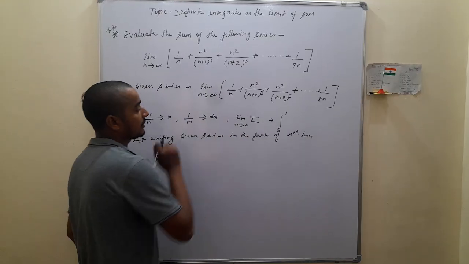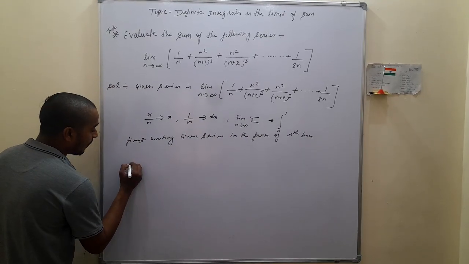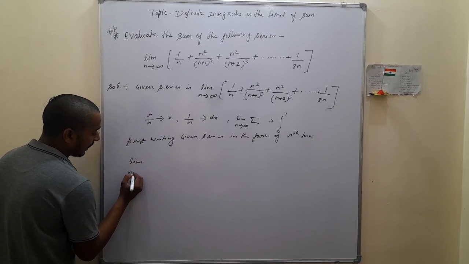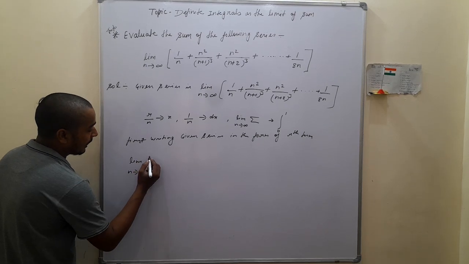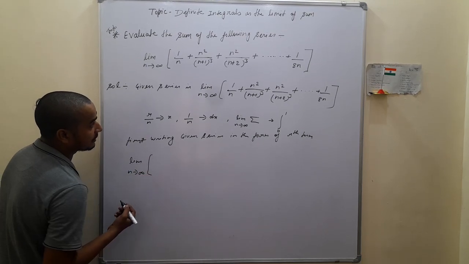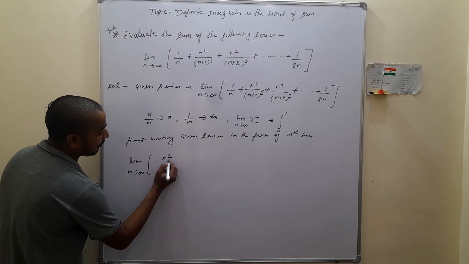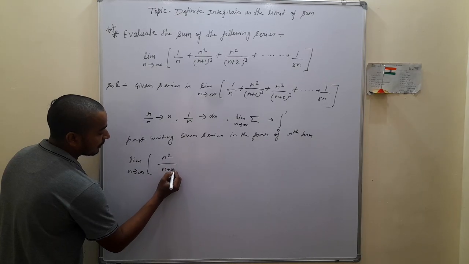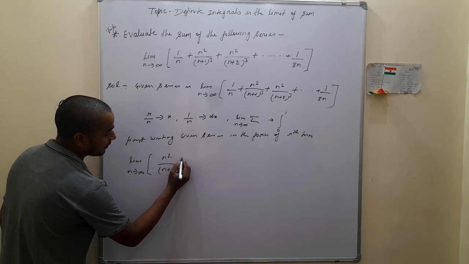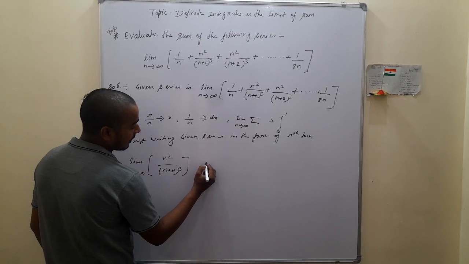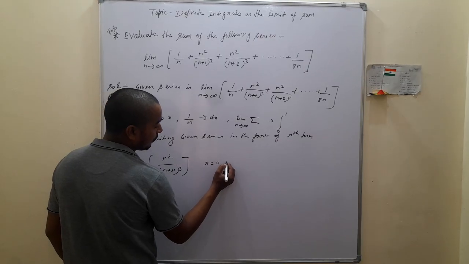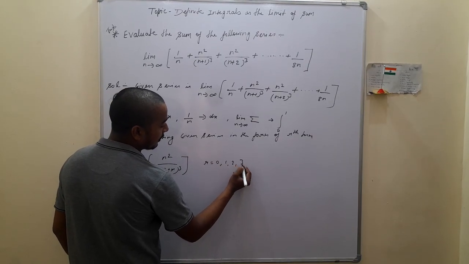So we have to write the given series in the form of limit n tends to infinity, n square upon (n plus r) cube, where r is equal to 0, 1, 2, 3.